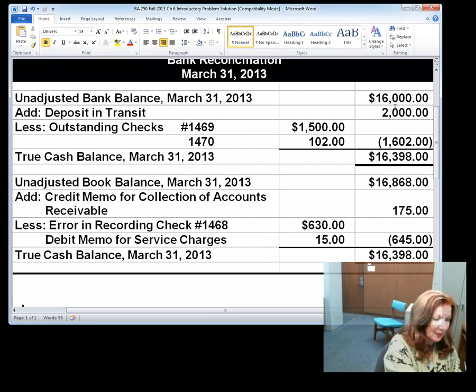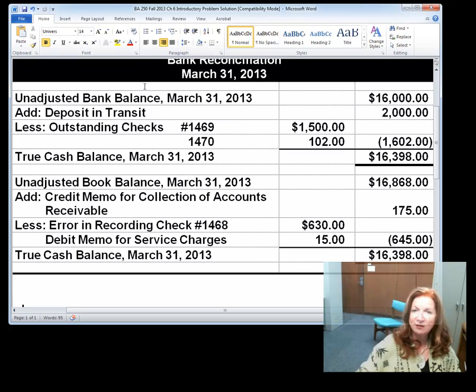When we look at the deposits from the bank statement, it ends at $75. The $1,480 is in there, but the $2,000 is not in the bank statement. So we will be adding the $2,000 right here, add deposits in transit, $2,000.